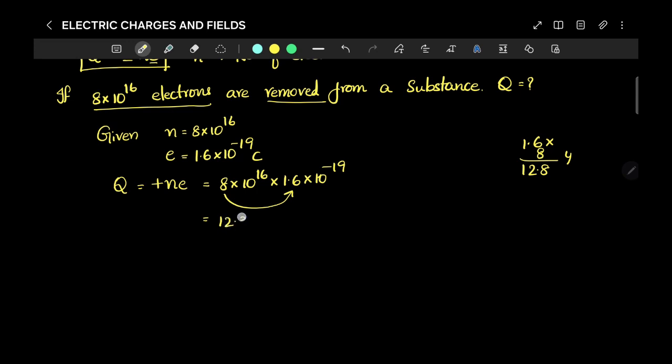So it is 12.8 into 10 power minus 3 coulomb, or it can be written as 12.8 millicoulomb, because 10 power minus 3 is milli. I hope you understood, my dear.